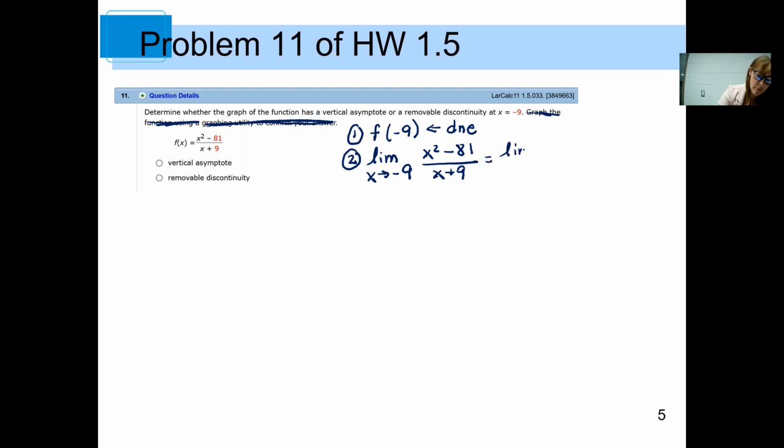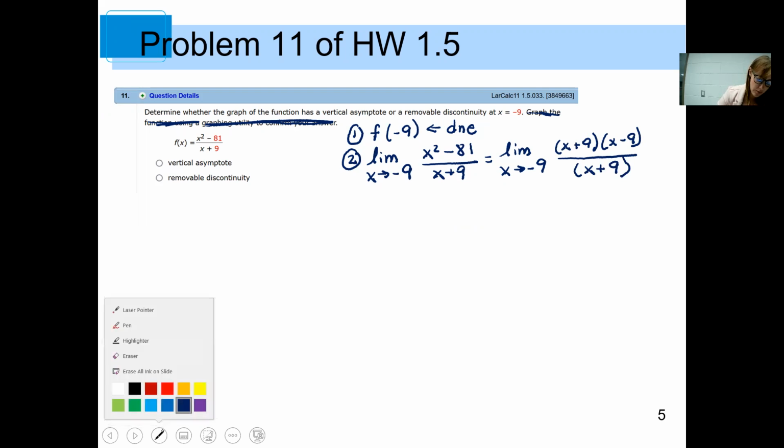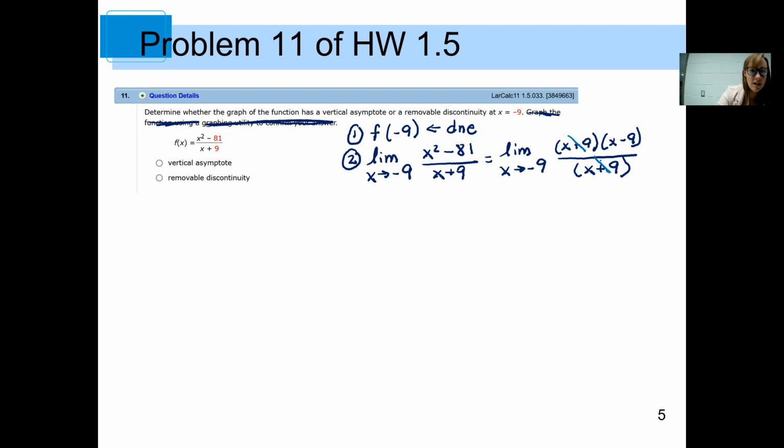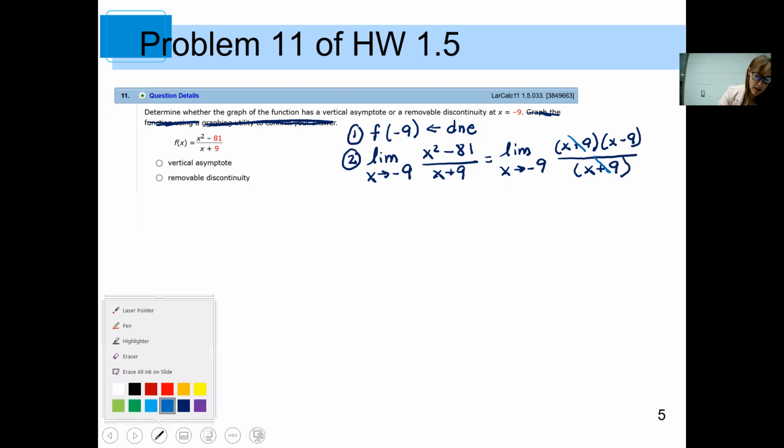So we look at the limit as x approaches -9 of (x plus 9)(x minus 9) over the quantity x plus 9. And we have a common theorem that says if we can find an equivalent function that agrees at all but one point, so those x plus 9's, we can cancel those out.